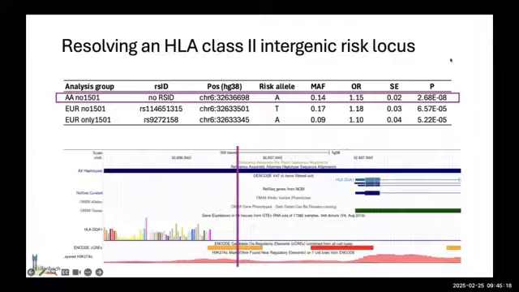To dive even deeper into one of these regions specifically, this is what we find. This particular one was found in the two groups lacking 1501, but it was also found as a peak in the European population containing 1501 individuals. So this would be an example of a signal that is likely consistent for all of MS potentially.